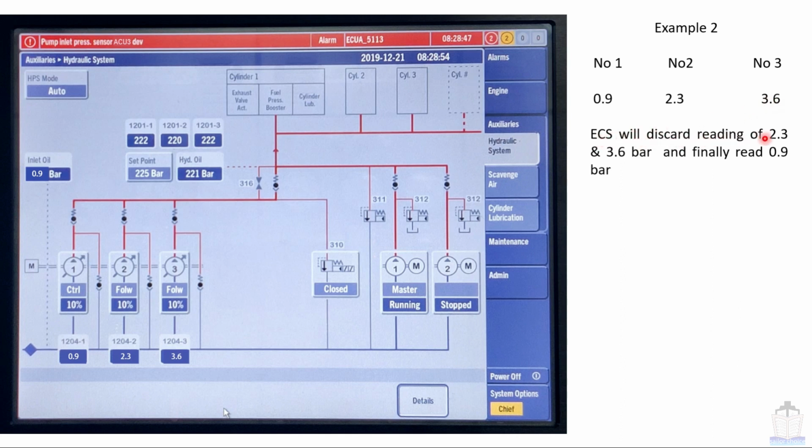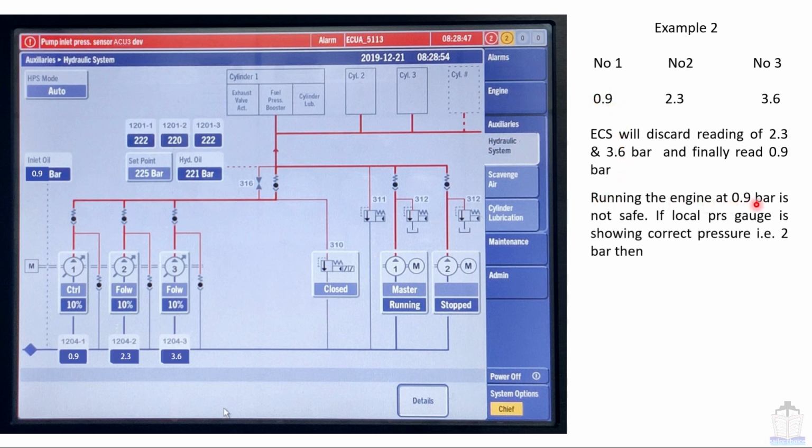ECS will discard the readings of 2.3 and 3.6 bar and finally read 0.9 bar. Why? Because it will sense that according to the algorithm all readings are erratic, because the difference between individual readings is more than 1 bar. So it will assume that all values are erratic, and hence the higher values will be discarded and the lower value will be accepted.